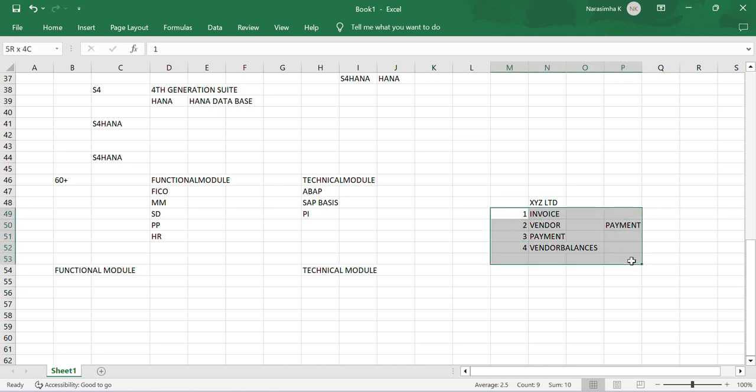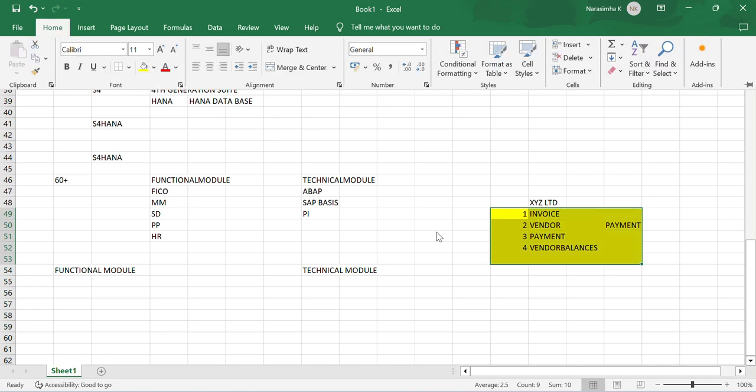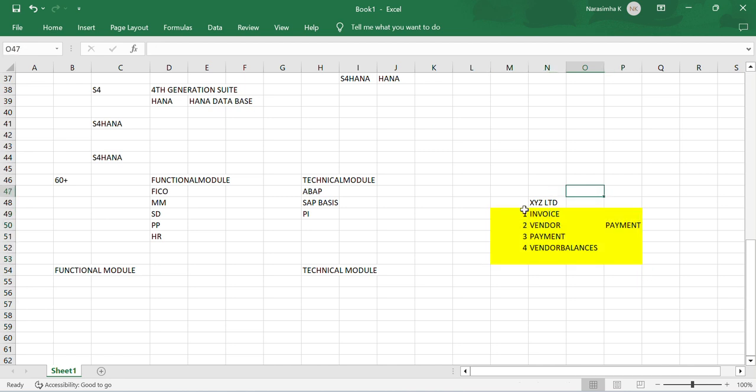This same business process we have to bring into SAP. We can bring this process into SAP only through a functional module, and that too the FICO module. What is the meaning of functional module? Through the functional module we can configure the business process in SAP. That is the use of a functional module.